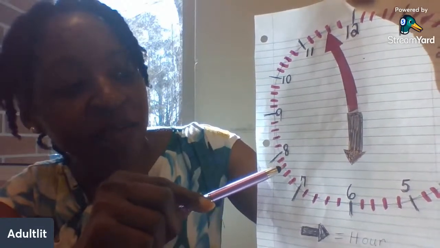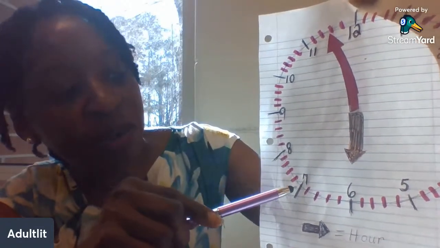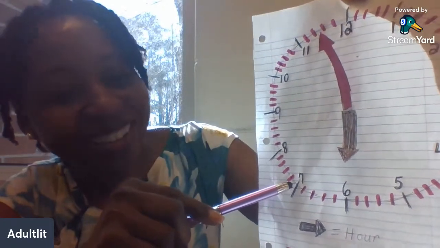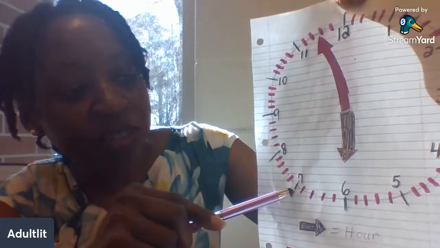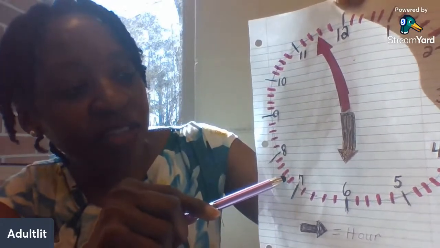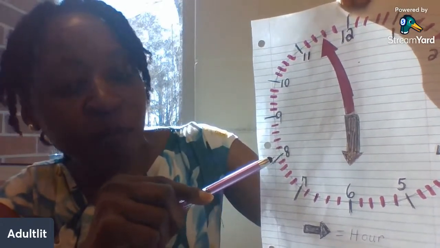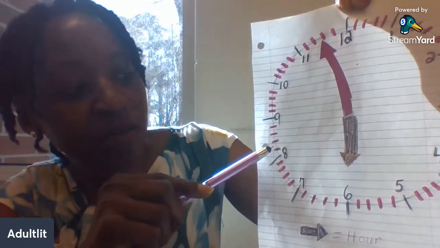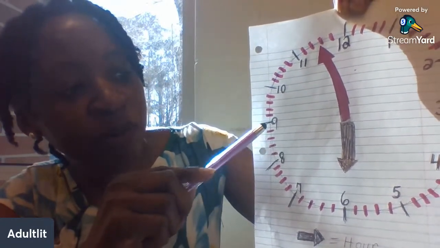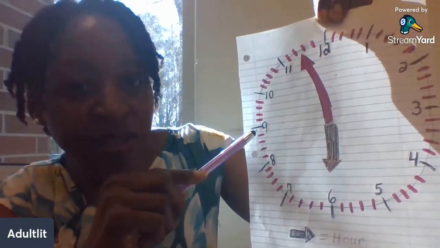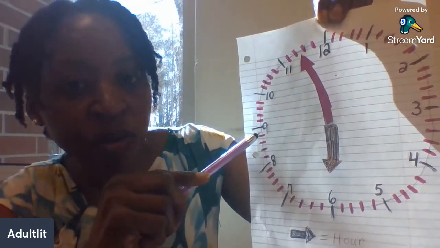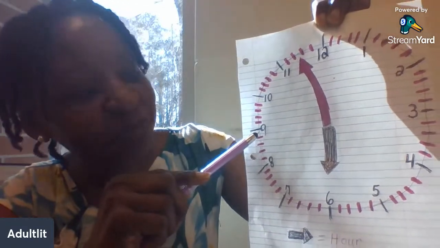I'm getting confused. I'm sorry, y'all. 35 minutes is where the 7 is. 36, 37, 38, 39, 40 minutes is where the 8 is. 41, 42, 43, 44, 45 minutes is where the 9 is, which is the same as a quarter till.